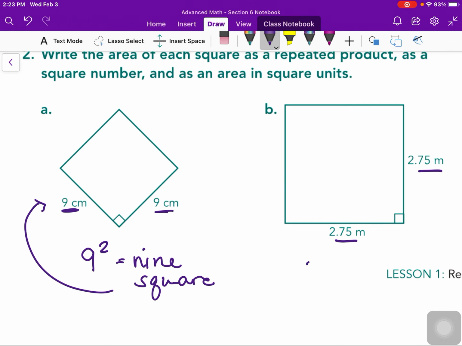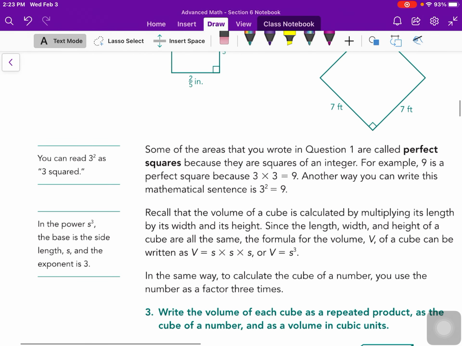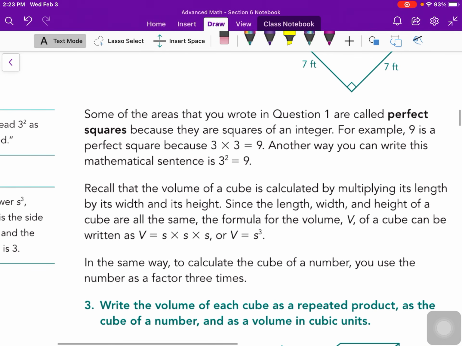This one could be called 2.75 to the power of 2, or 2.75 squared. Why? Because it makes a square. That's why it has a special term. Sometimes we call them perfect squares because they're squares of an integer. For example, 9 is a perfect square because 3 times 3 equals 9. If you wanted to write it with exponents, you'd say 3 squared equals 9.